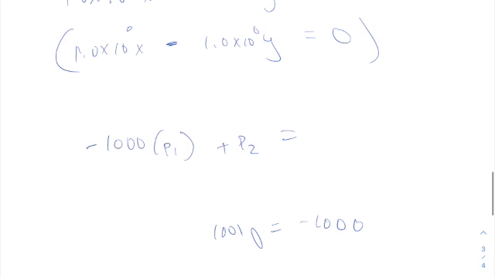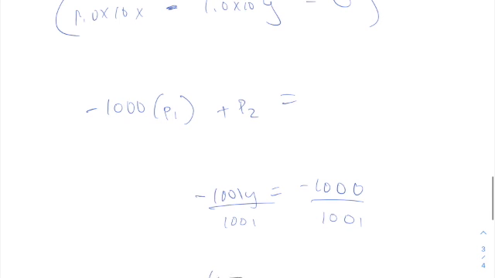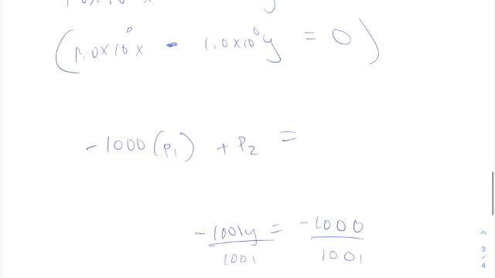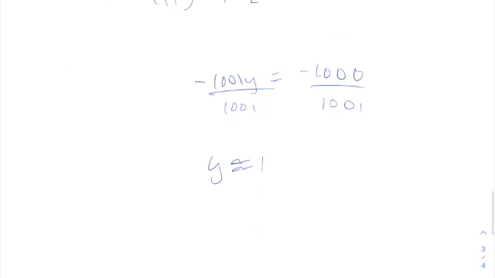Which gives us an answer of y equals roughly 1. However, doing this means that the first equation equals 0. This then leads to x equals 0, which isn't right.